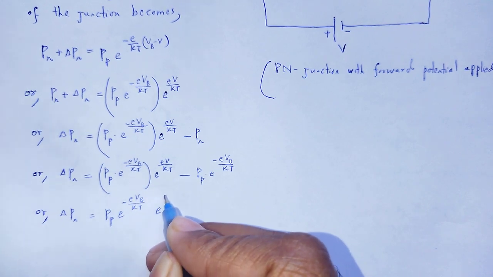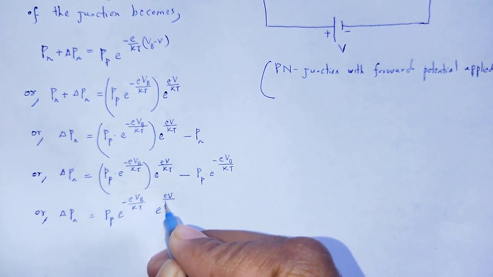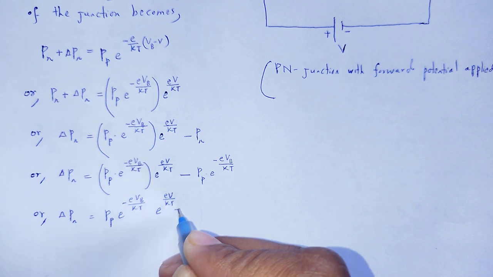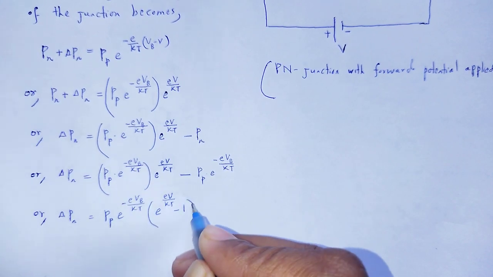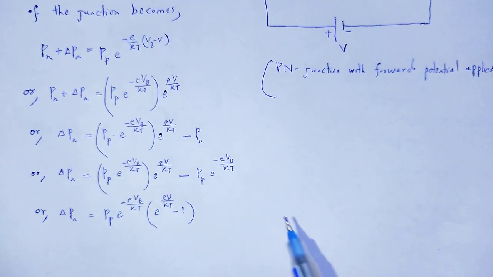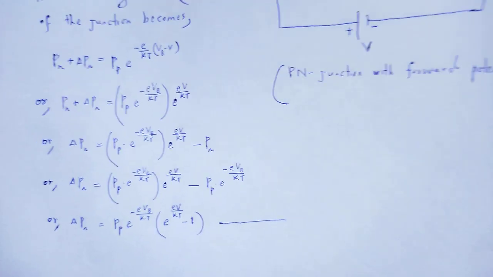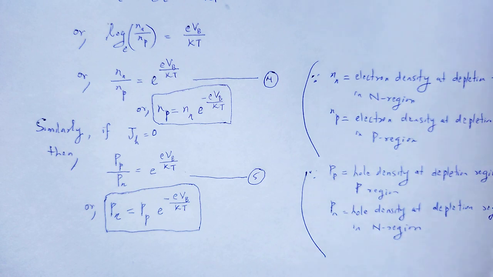In the bracket we have e to the power eV by kT minus 1. That is equation number 6.